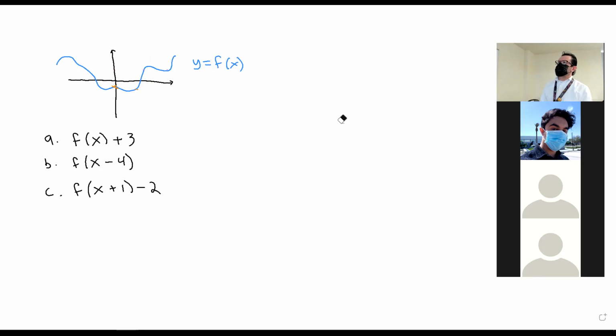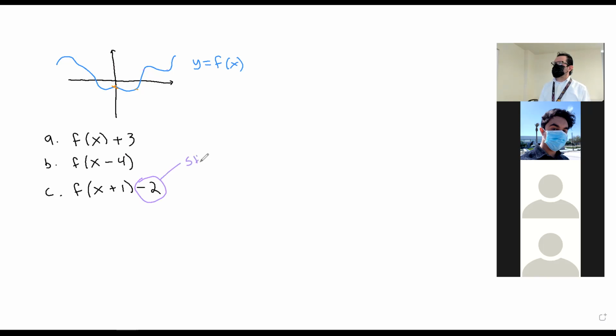In the case of the last one, we have a couple of shifts. First off, we can do these however we want, in whatever order. But first, I'm going to do it this way. First, this -2 that we have here, what is this going to represent?